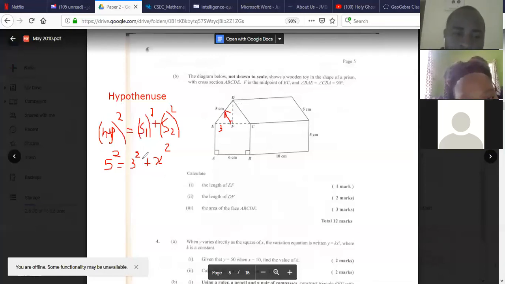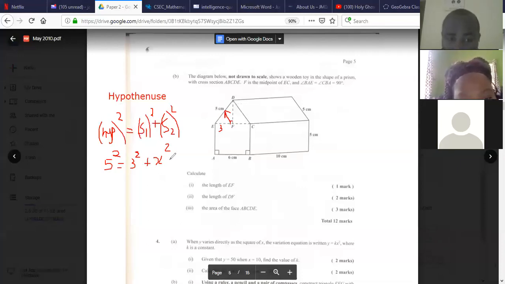Do we want the 3 squared on this side, or just the x squared? We need only the x squared because that's what we're trying to find, right? So what we'll do with the 3 squared is carry it over and turn it negative. Negative 3 squared.